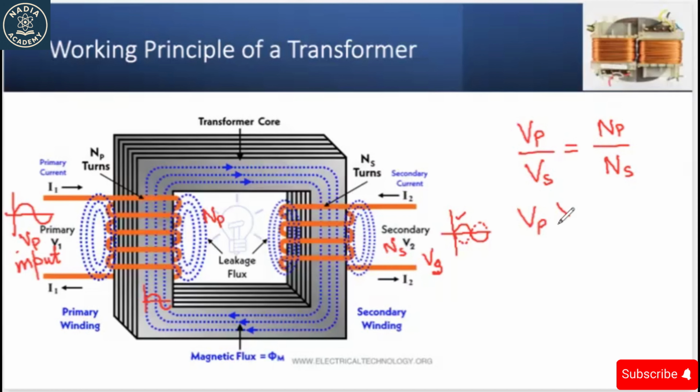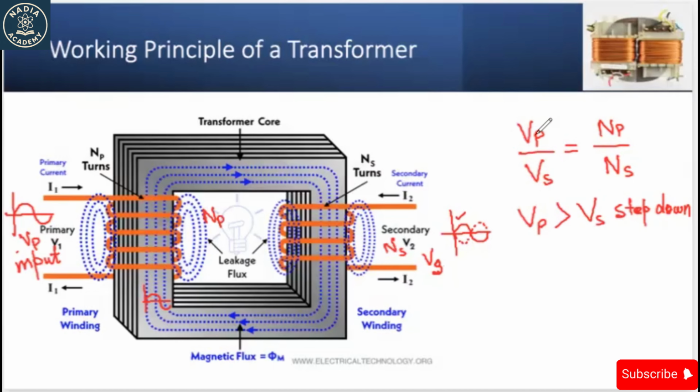Now, if our Vp is bigger than Vs, it means we are reducing the voltage. So the output is smaller, and the transformer is a step down transformer because we are decreasing the voltage.